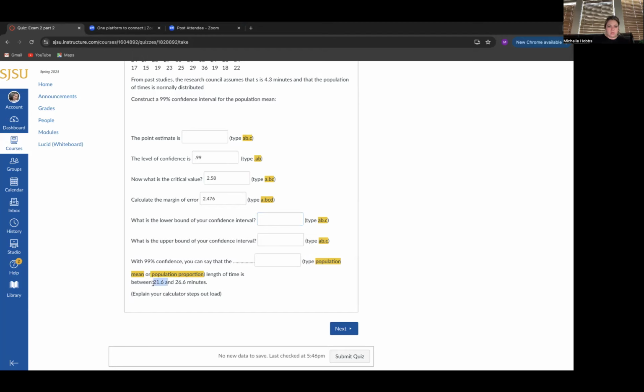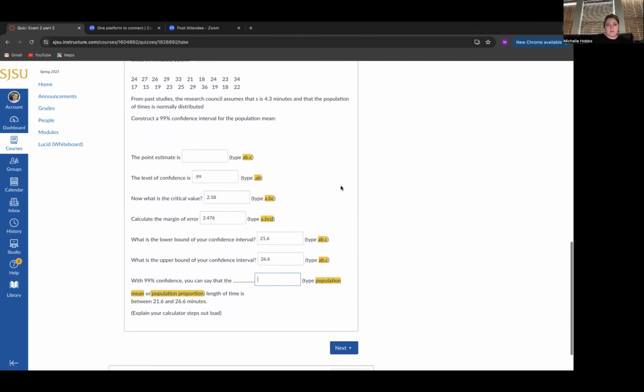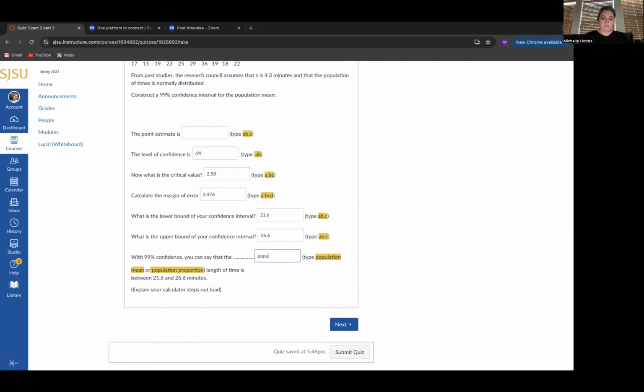The lower bound is 21.6. And then the upper bound is 26.6. And then this is going to be the population mean, because that is what we're looking for up here. It is stated. Population, the point estimate.